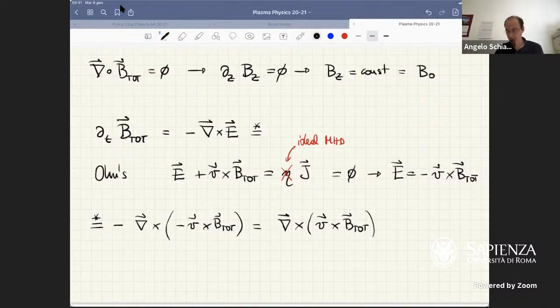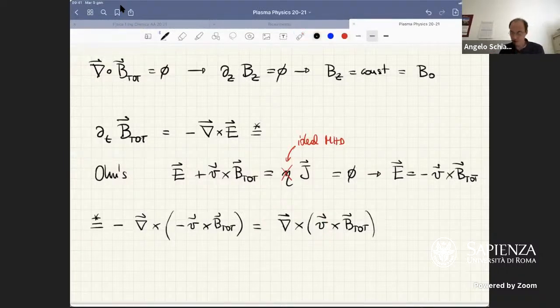Obviously, we put a bracket to stress the priority of the vector product, which is important here because it's not the curl of V, cross B dot, but the other way around.